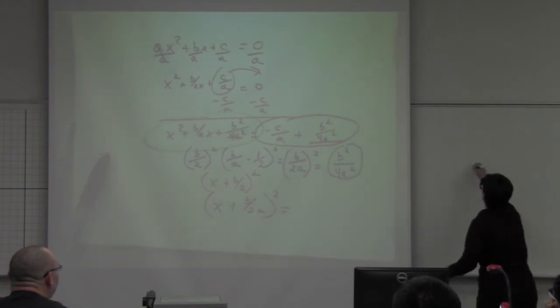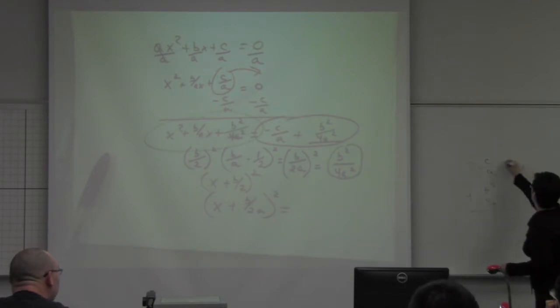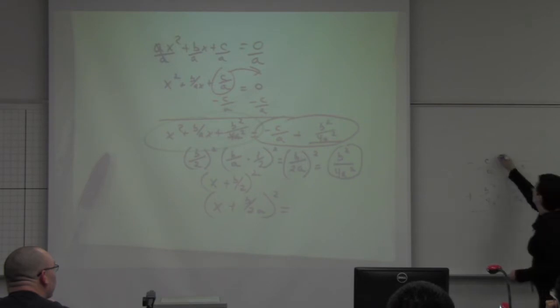320. To add fractions, you have to have a common denominator. So we've got an a, we've got a 4a squared. So our common denominator is? All right, so we got an a. We need a 4a squared. What's missing? Do the same thing on the top. So that gives us negative 4ac.